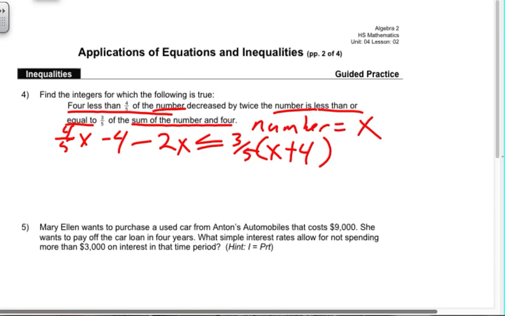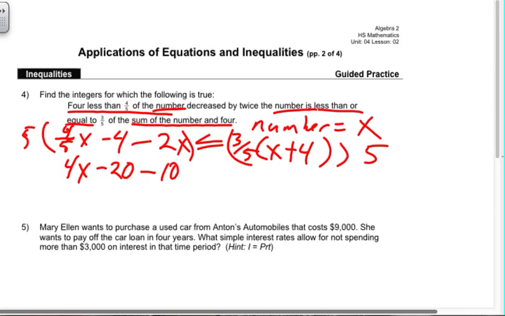All right, so now to solve this, we need to come back in and do all of this. Now the first thing I notice is I've got fractions with 5. So I'm going to multiply everything by 5 to clear my fractions. When I do that, 4/5, or 5 times 4 is 20, divided by 5, gives me 4x minus 20 minus 10x.